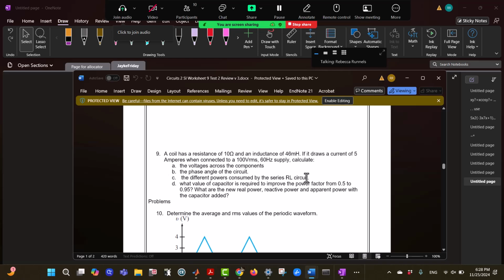So for A, it's 50 and 86.7. The phase angle is 60 degrees. And the real power is 250 watts. The reactive power is 433 VAR, or Q is 433. And the apparent power, S, is 500.